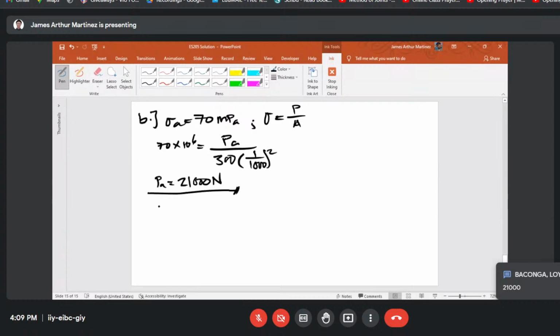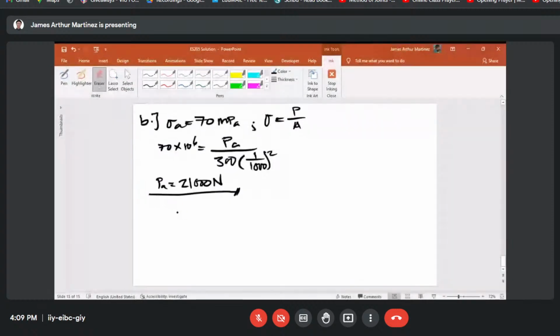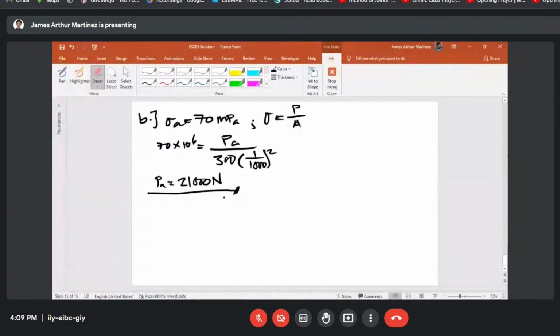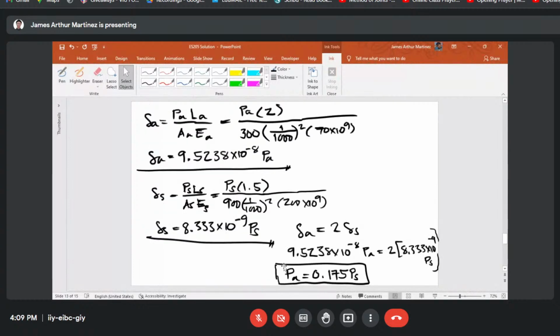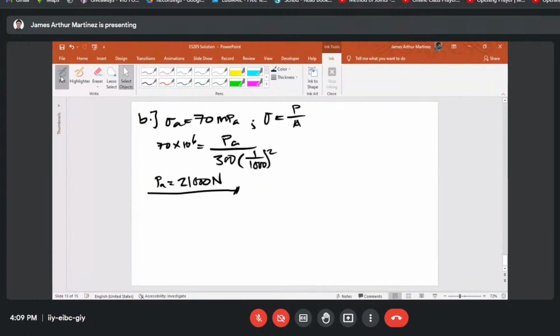Diba? So how much is PS if you have an internal reaction of 21,000 Newton for aluminum? Diba, the relationship of PA and PS is PA is equal to 0.175 of PS.